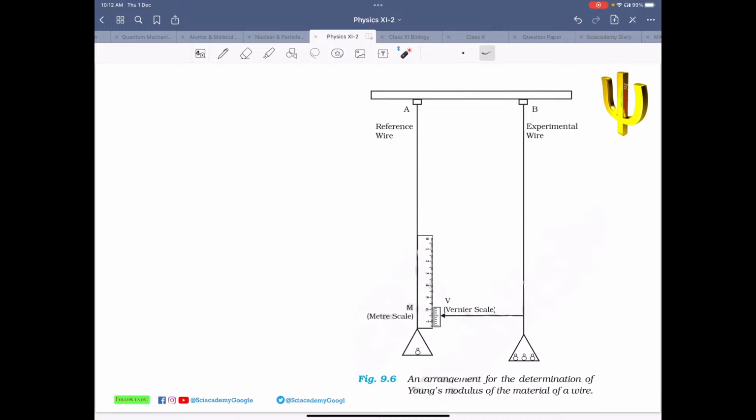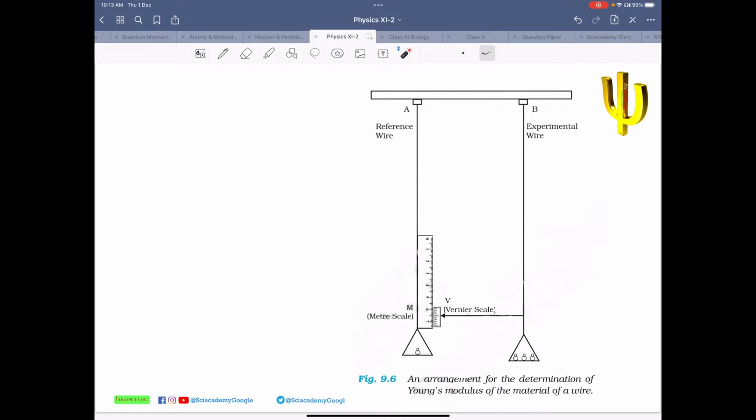Initially, a small weight is attached to both wires so that they stretch downwards and remain under a tensile stress.